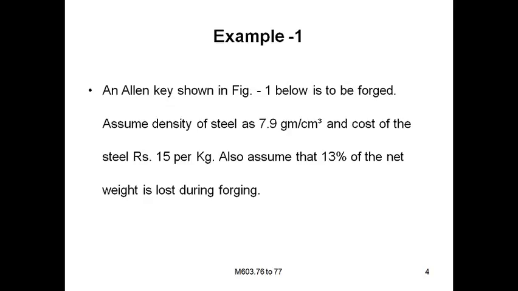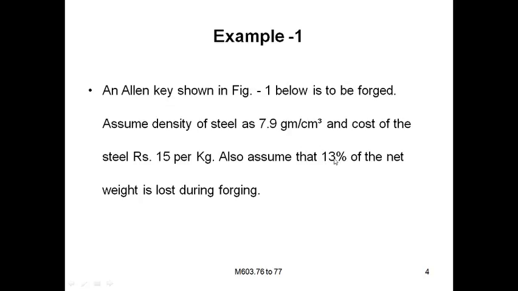In this case also assume that 13% of the net weight is lost during forging. It is directly given that 13% of the net weight is lost during forging. This is an additional scrap we need to consider. Apart from all the losses, you have to consider 13% extra as a loss in this case.